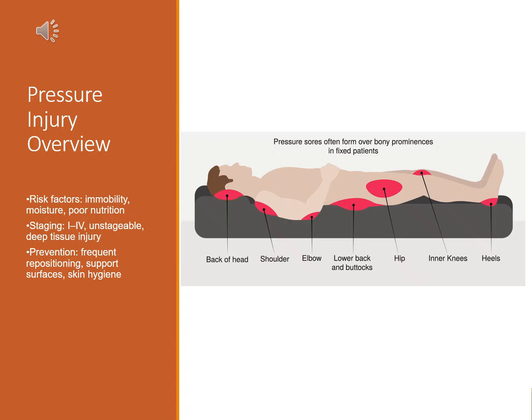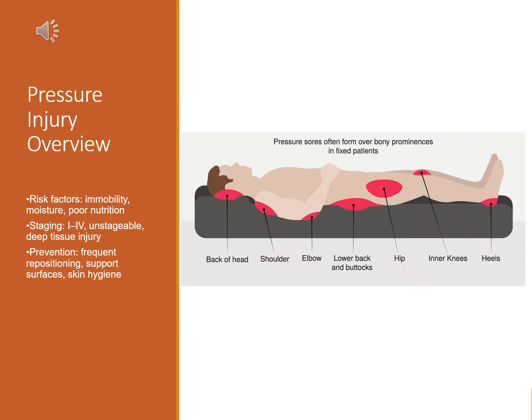Skin breakdown can occur very quickly, over hours. So it's not just long periods of time, but these are mainly found in patients that are immobile, combined with other risk factors.